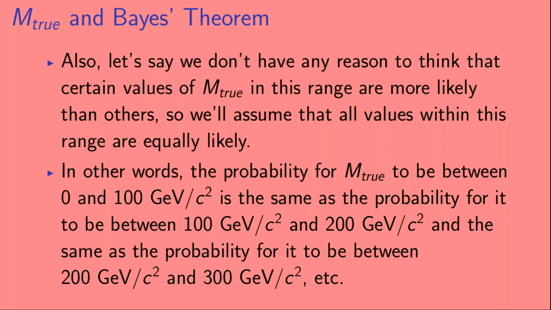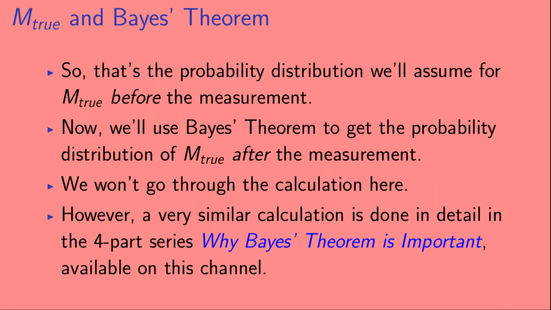In other words, the probability for M true to be between 0 and 100 GeV/c² is the same as the probability for it to be between 100 and 200 GeV/c², and the same as the probability for it to be between 200 and 300 GeV/c², etc. So that's the probability distribution we'll assume for M true before the measurement.